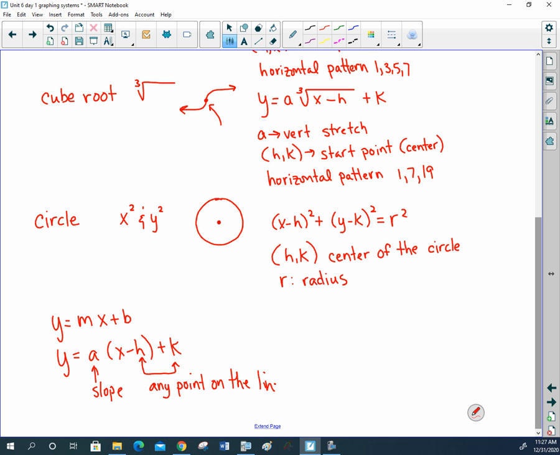Y equals mx plus b is just a specific case of HK where h is 0 and k is your y-intercept. That's how they get y equals mx plus b.